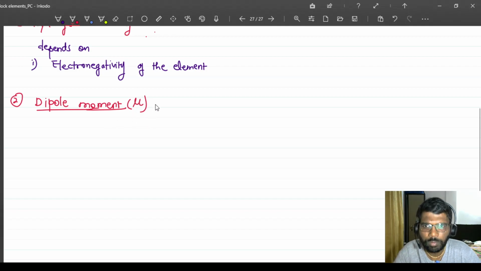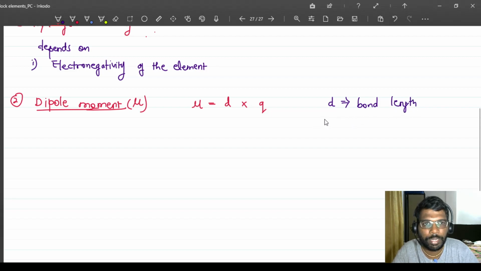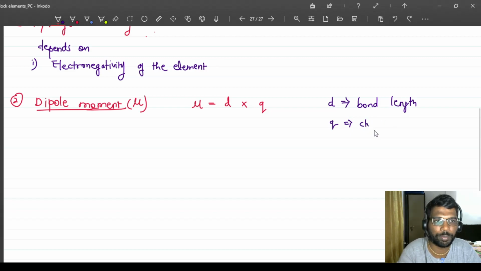This dipole moment mu is given by distance multiplied by charge, where d stands for the bond length and q stands for the charge on the atoms.